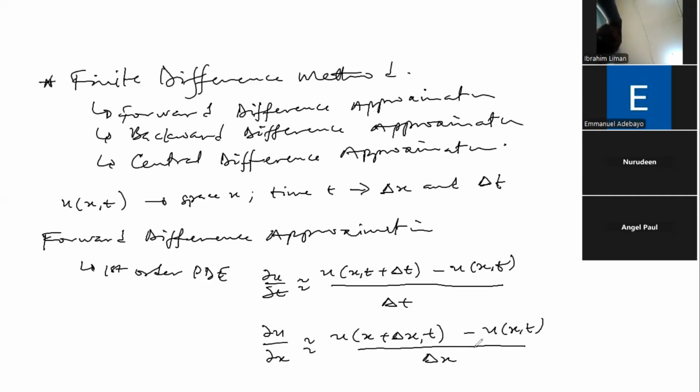I want to believe, should you have second order, third order, even the nth order, you should be able to do so. But let's look at the second order discretization process. What if we have the second order? In this case, we are looking at the forward difference approximation.